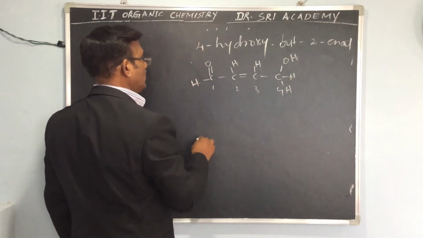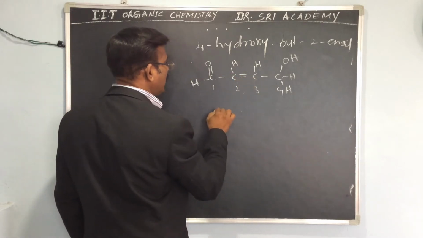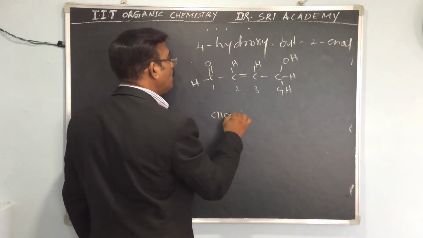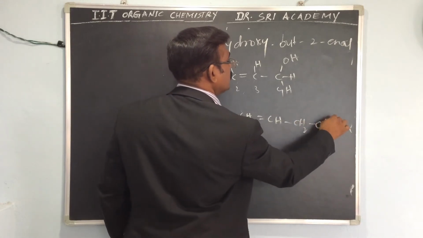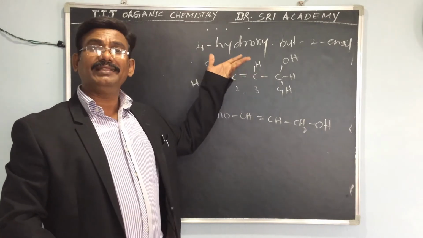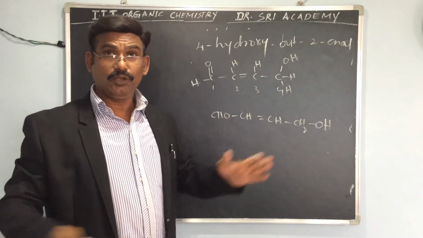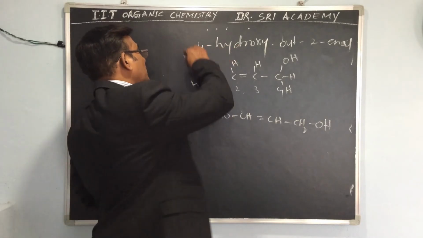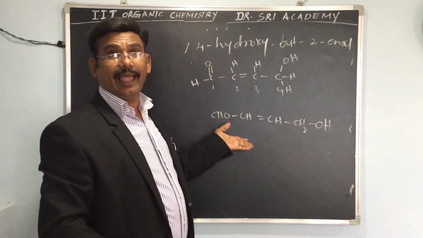Now fill in the hydrogens. So CHO, CH double bond CH, CH2OH. This is the general structure. We can write like that. Whether they give the name or the structure, we can find the other. If they give the name, you can write the structure like this, and if they give the structure, you can name it like this.